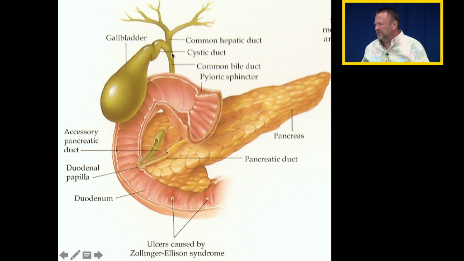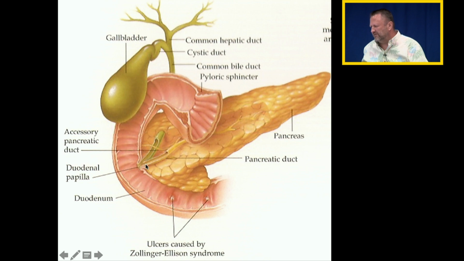Notice the duodenum is where the gallbladder, or actually the common bile duct from the liver, drains bile into the small bowel. This is also where the pancreas drains its exocrine digestive enzymes into the small bowel as well.